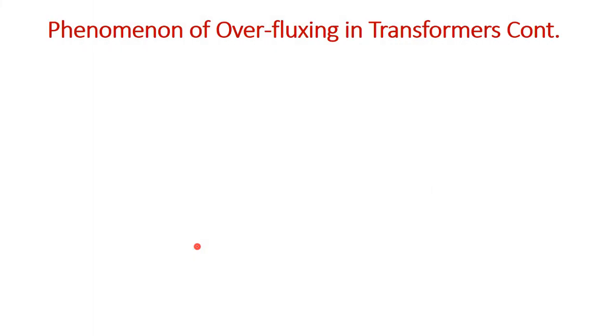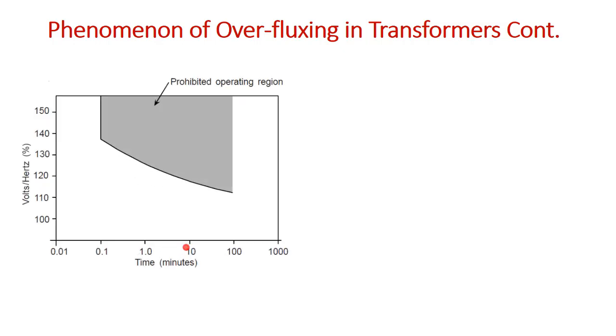So let us see the phenomenon of overfluxing in the transformer. If we plot volts per hertz versus time in minutes, then we can see this is your prohibited operating region and this is your operating region, right?